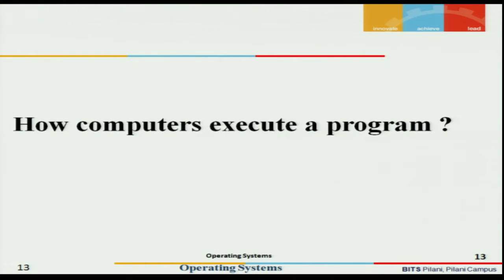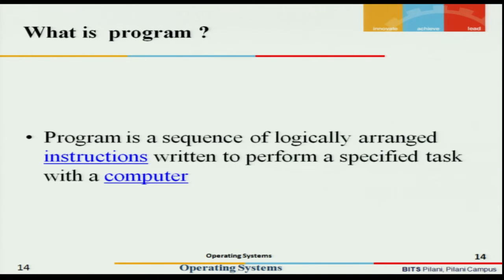The next thing which we need to understand clearly is how computers execute a program. So before talking about how computers execute a program, let us see what a computer program is. A computer program is defined as a sequence of logically arranged instructions written to perform a specific task with the computer.